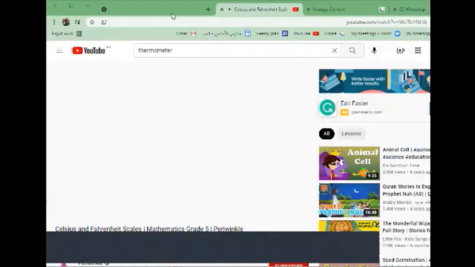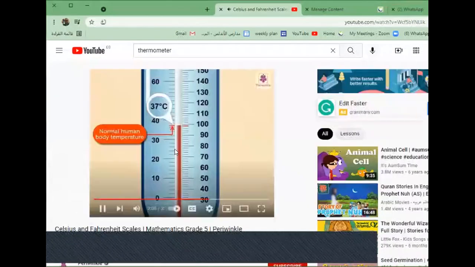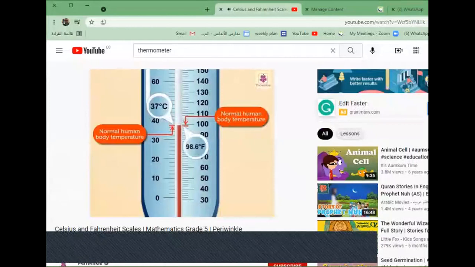The normal human body temperature on Celsius scale reads 37 degrees Celsius, and on Fahrenheit scale it reads 98.6 degrees Fahrenheit.